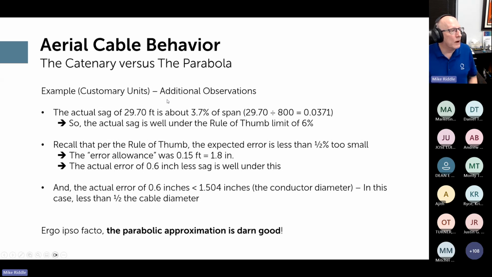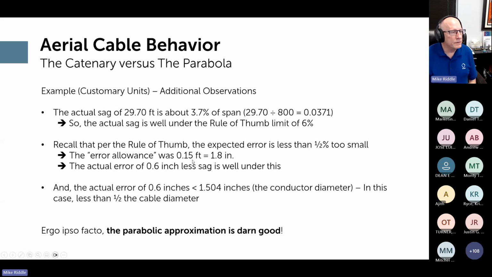Some additional comments based upon the example. That amount of sag is 3.7%, so that fits within this rule of thumb: don't use this if the sag is more than 6%. The rule of thumb said it was going to be up to 0.5% too small.